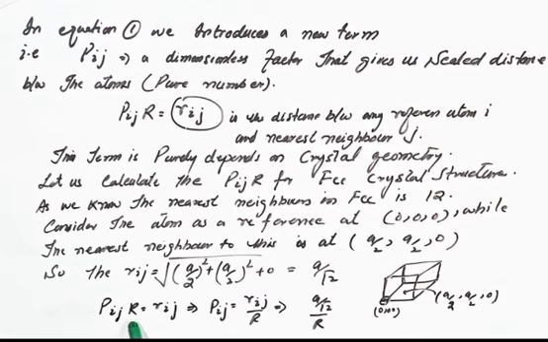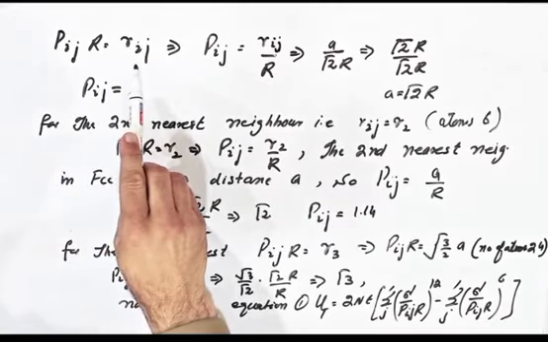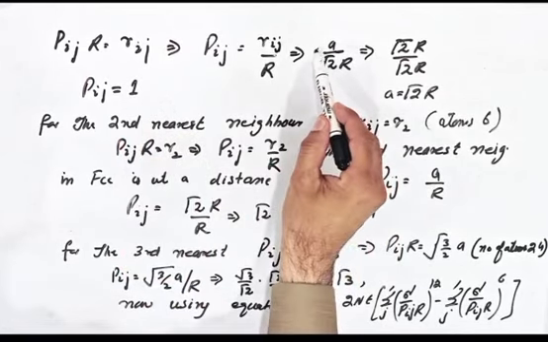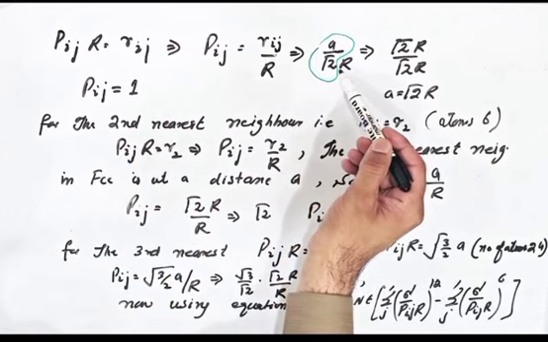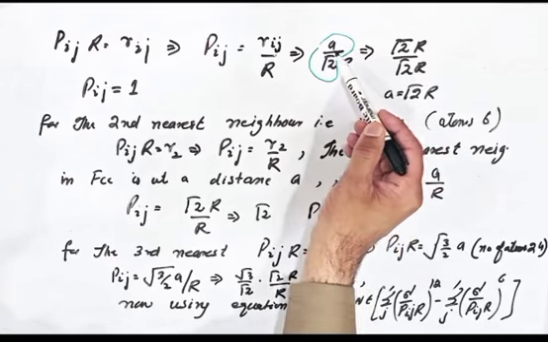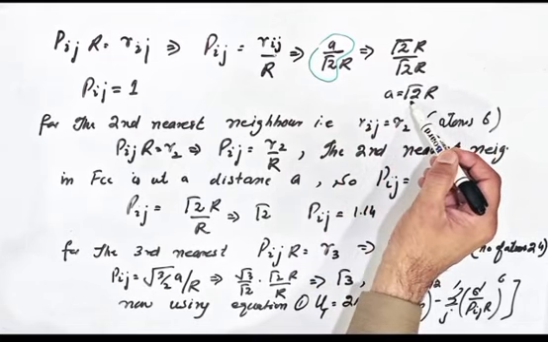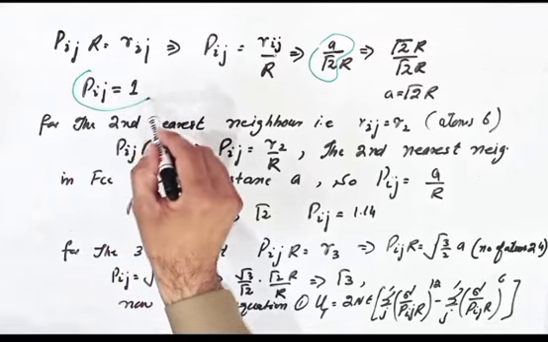So Pij R is equal to Rij, which is a divided by square root 2 into R. Here a for the FCC structure is root 2 into R. So Pij turns out to be 1.